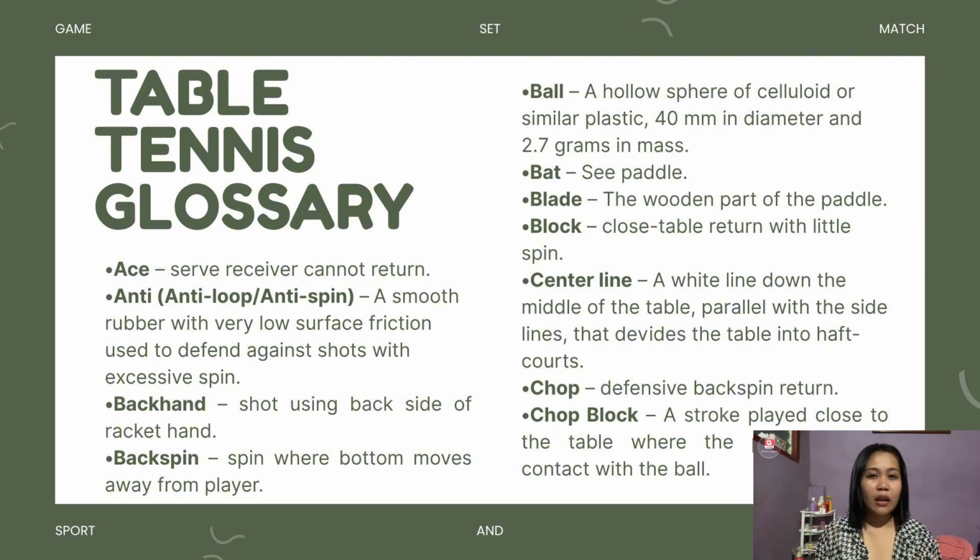And this shot slows the ball down and makes it harder for the opponent to attack strongly. And a chop block is similar to the chop, but it is done close to the table with a shorter movement while still creating speed.